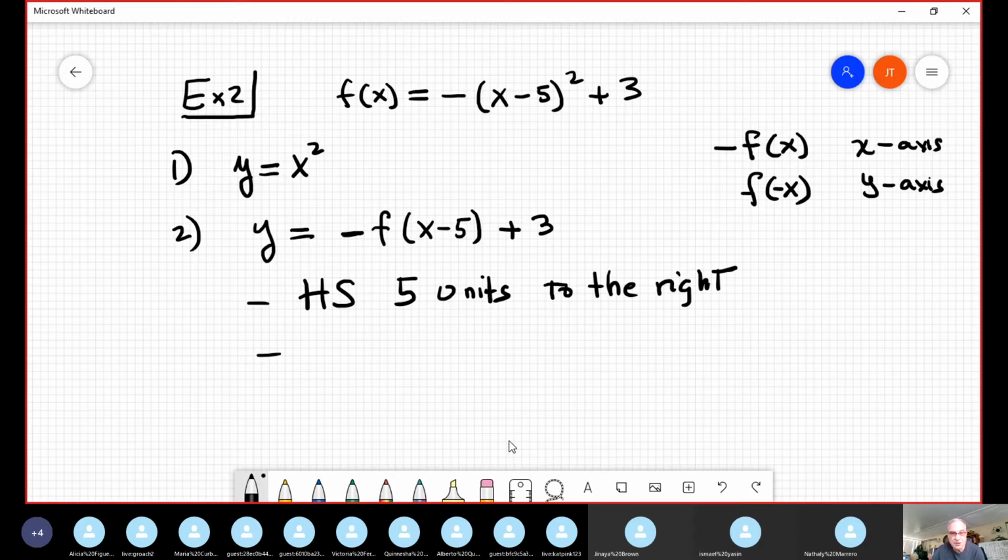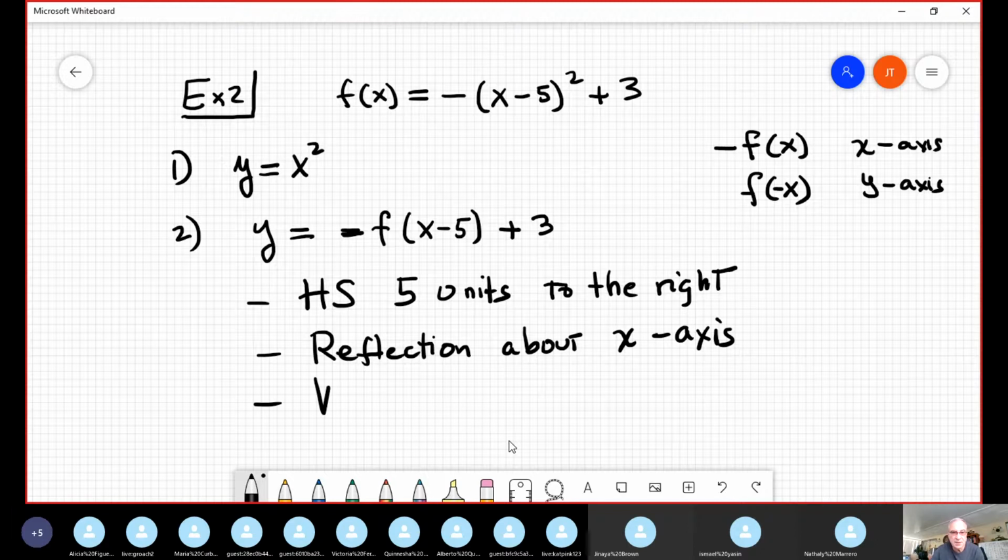The second transformation is a reflection about the x-axis. I know it's about the x-axis because the negative is outside. And finally, a vertical shift 3 units.